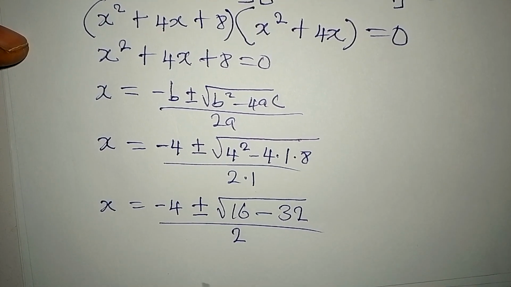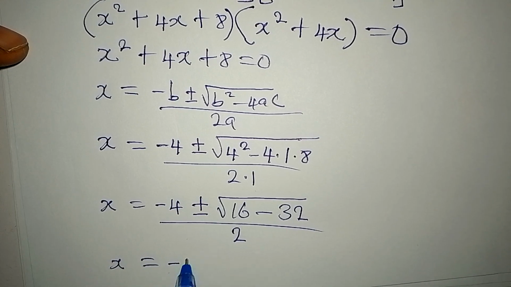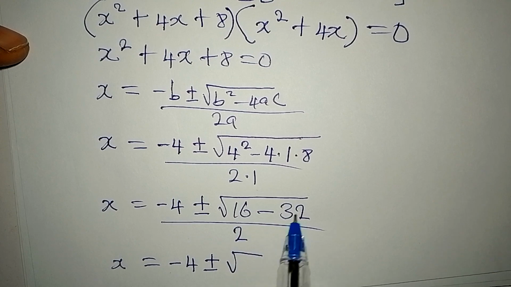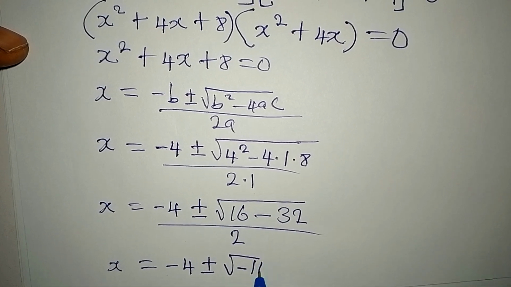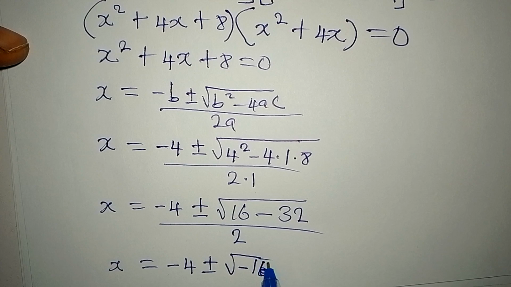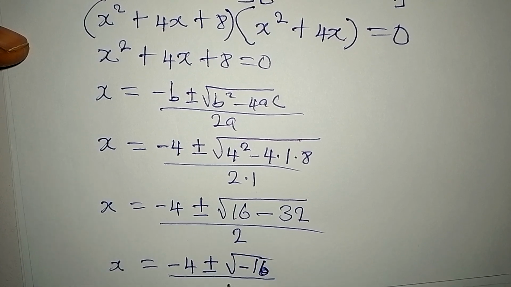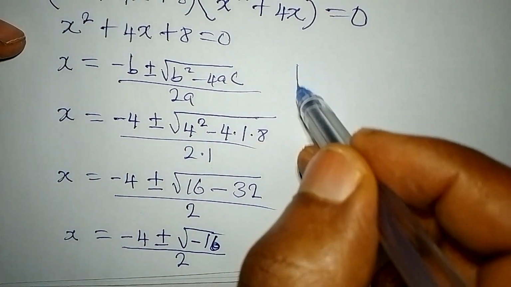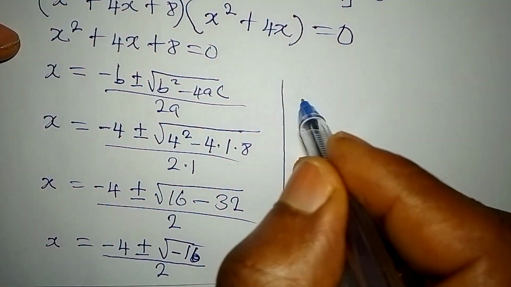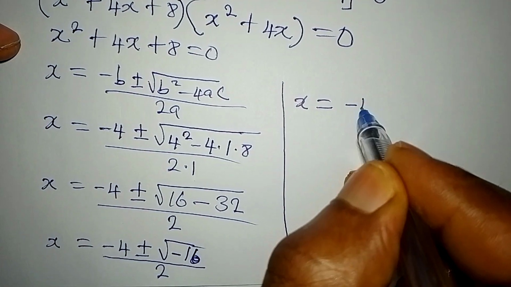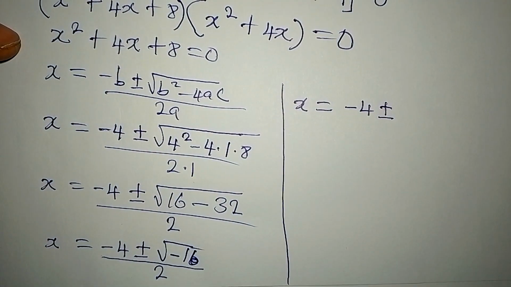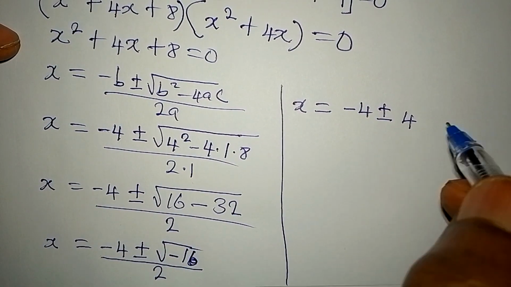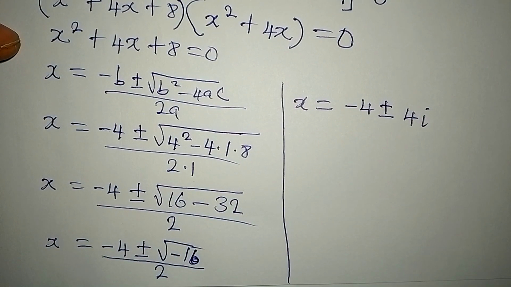To continue, x equals (-4 ± √(16 - 32)) over 2, and 16 minus 32 will give us minus 16. Then we divide this by 2. Now the square root of -16 will give us 4, but this negative will be giving us i, as imaginary.